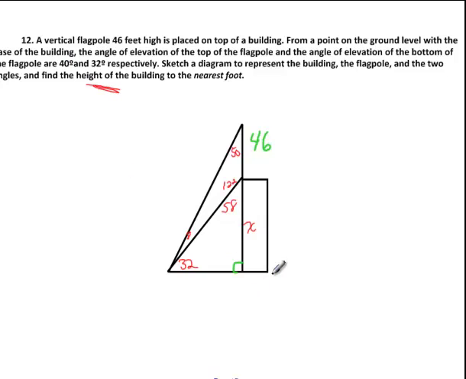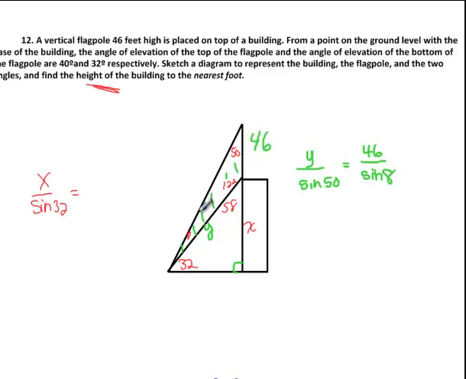Well, your first instinct is to do law of sines. X is to the sine of 32 as we need another side. And that's where the key is. The key is we take a time out here and we can figure out how big y is. Because looking at this little triangle right here, we can say y is to the sine of 50 as 46 is to the sine of 8.